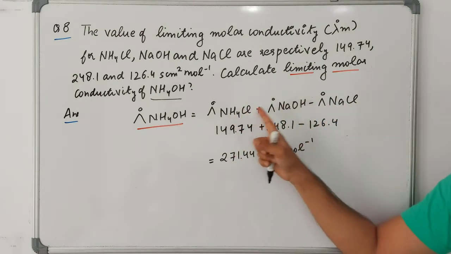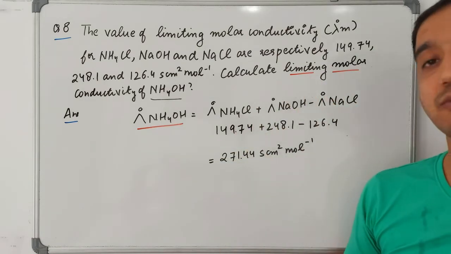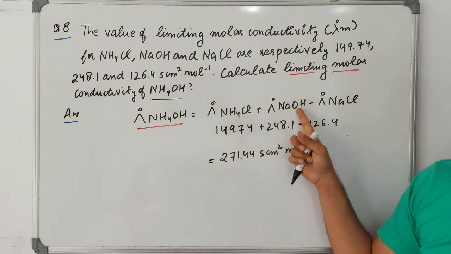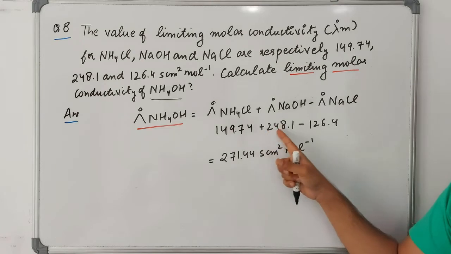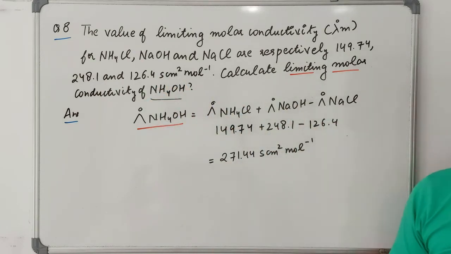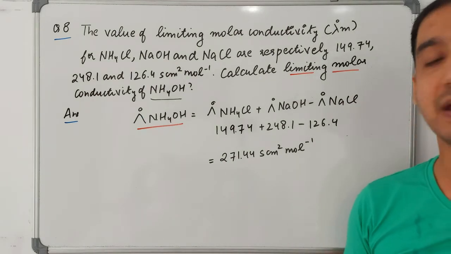So if you add these two and subtract NaCl, you will get the limiting molar conductivity of NH4 and OH-. So the value is 149.74 plus 248.1 minus 126.4 and the final answer will be 271.44 Siemens centimeter square per mole.